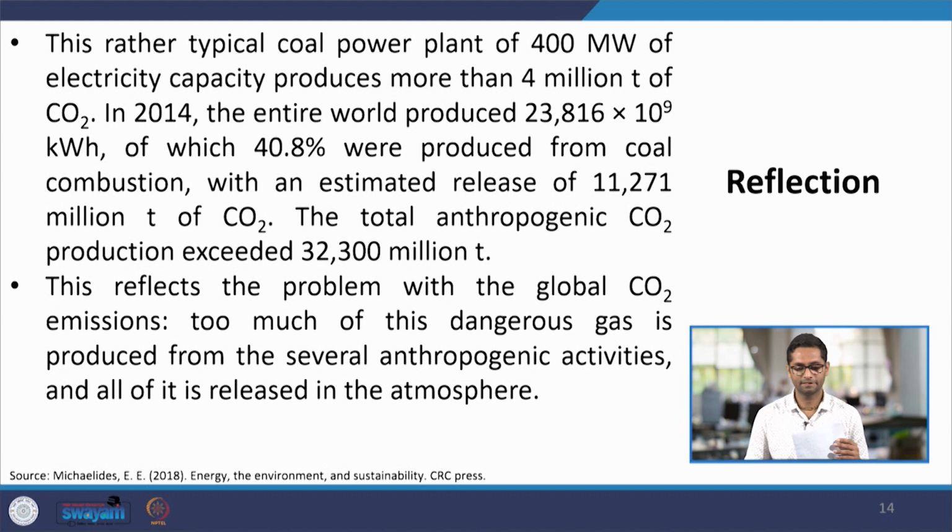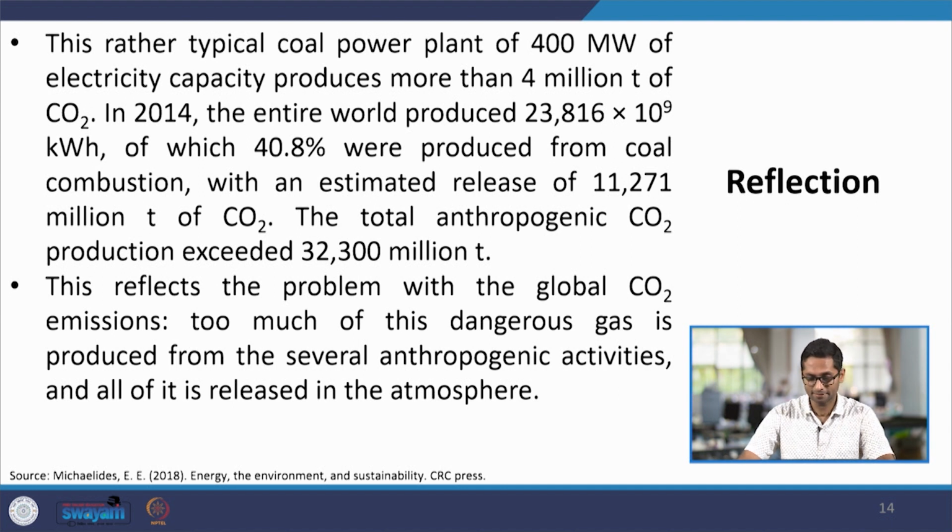If we go back to the slides, maybe we can come to a reflection that this is a fairly typical power plant of 400 megawatt capacity, and it is producing almost 4 million tons of CO2 on a yearly level. And further, if we consider the electricity production in the year 2014, almost a decade back, we would see that there was almost 23,816 into 10 to power 9, or billion, kilowatt hour of electricity produced, and almost 40% of this electricity was coming from coal combustion or coal power plants, and a majority of these power plants are in India or China as well as Australia.